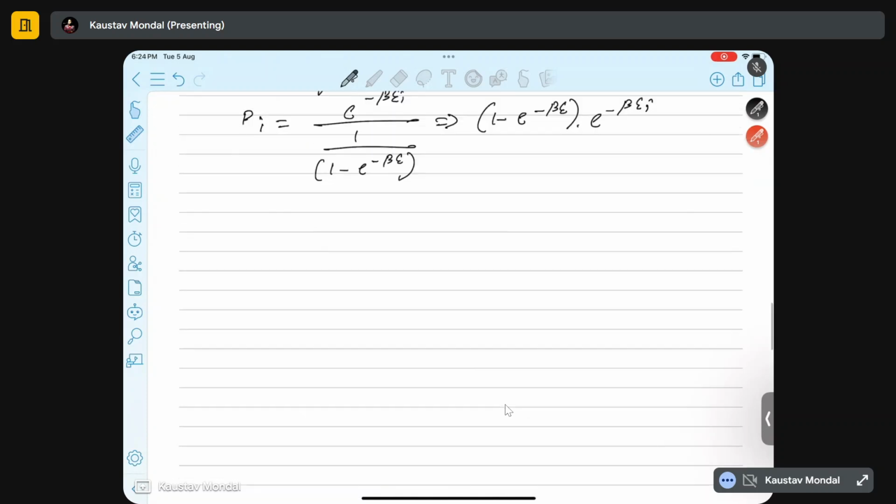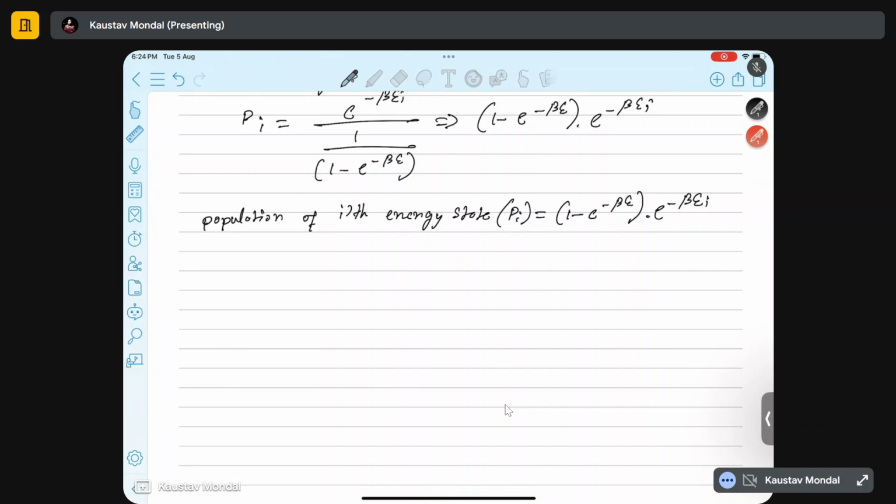So that means the population of the ith energy state, pi, would be 1 minus e to the power minus beta e into e to the power minus beta ei.